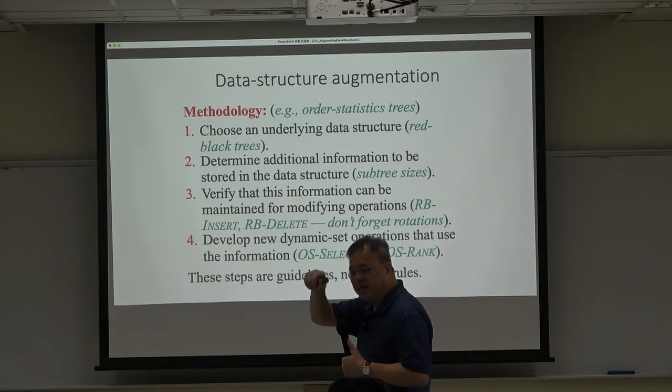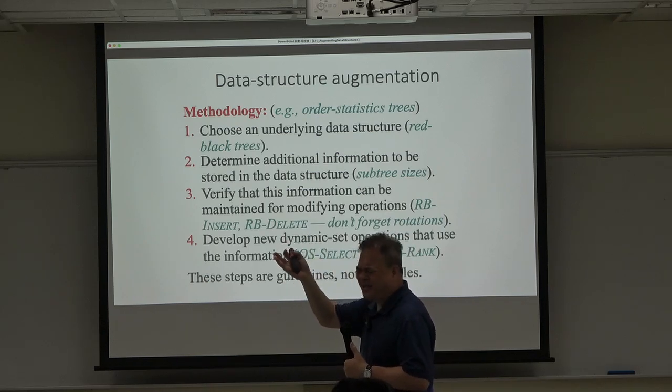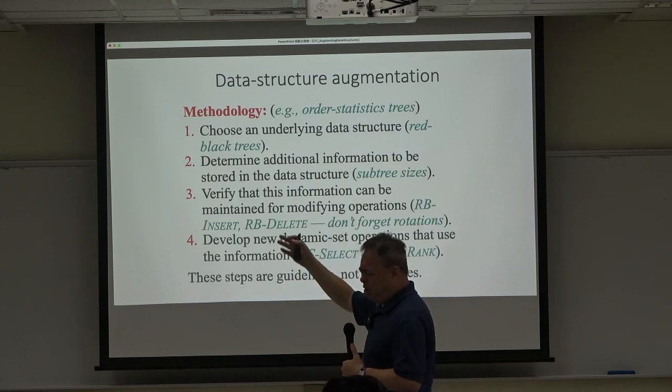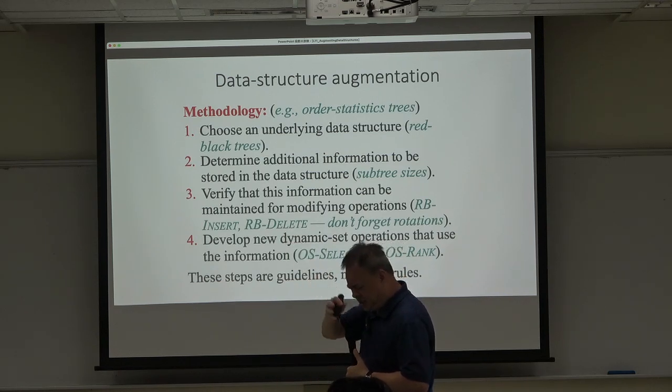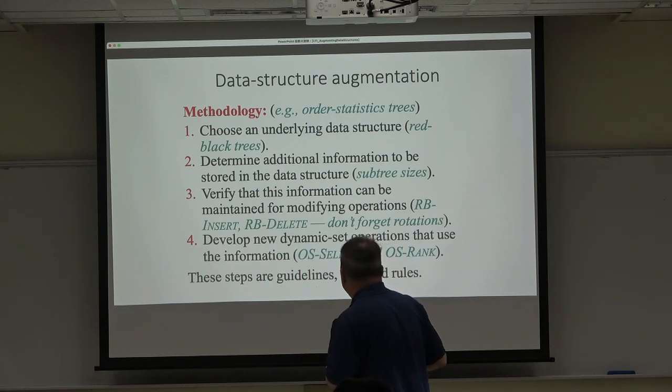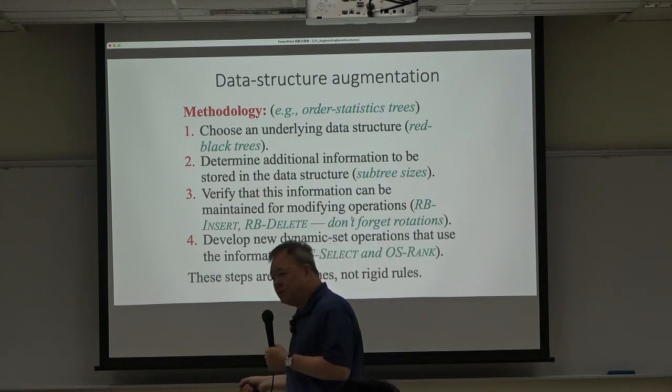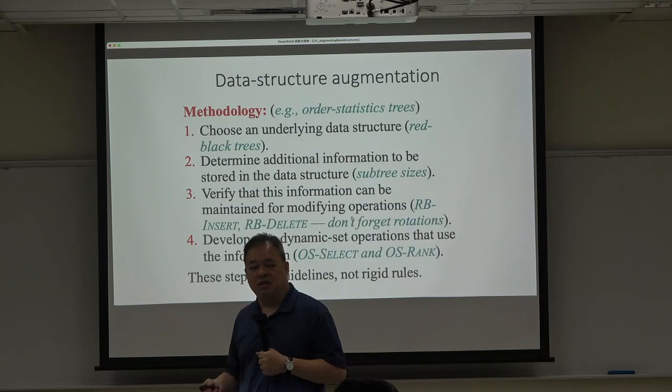We say that's m, the largest right endpoint among all the intervals in the subtree rooted at this node. The third step is we need to verify this information can be maintained for modifying operations, in other words, insert and delete.